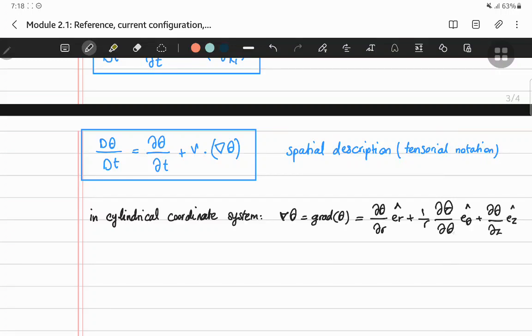So don't confuse this theta with this theta. This is temperature, and this is the cylindrical coordinate.